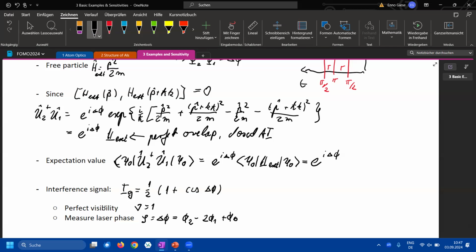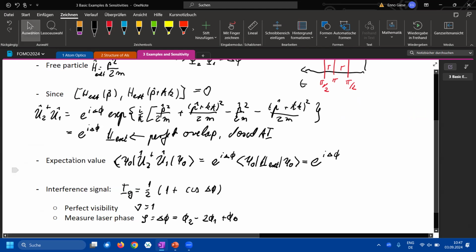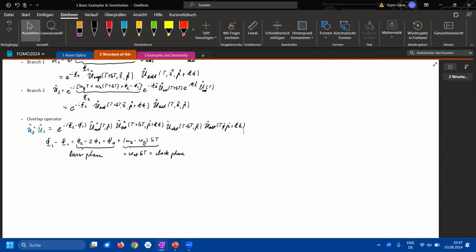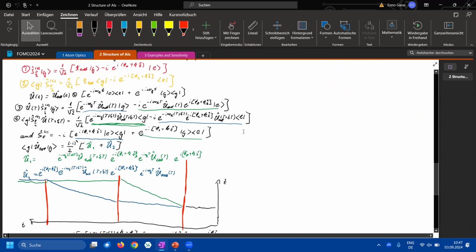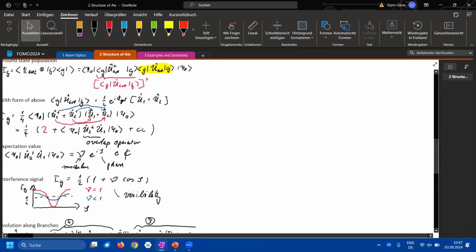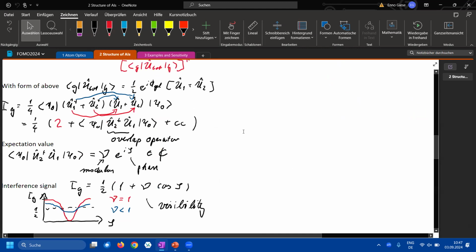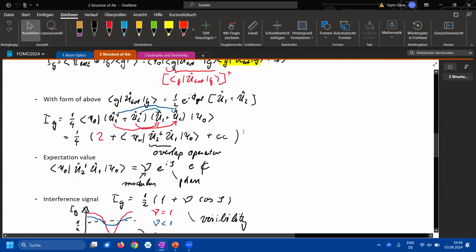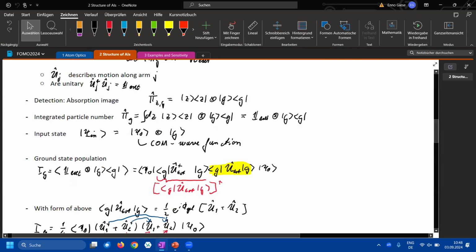I'm sorry. External. It's always the external, the center of mass motion. Yes. Because I just calculated. So what we had was usually this yesterday. We saw that the interference signal, when we calculated it here, we had 1 plus visibility cosine phi, and this visibility was defined as the modulus of the overlap operator.